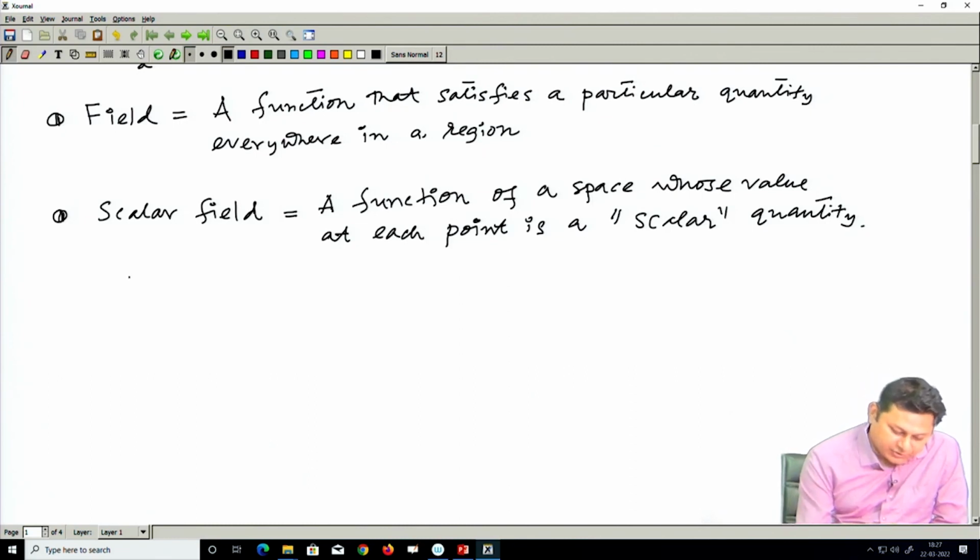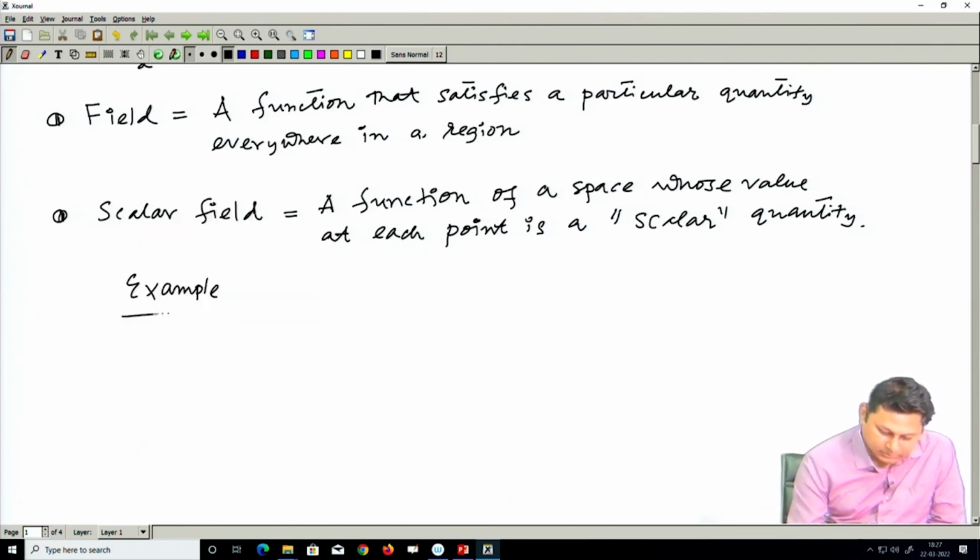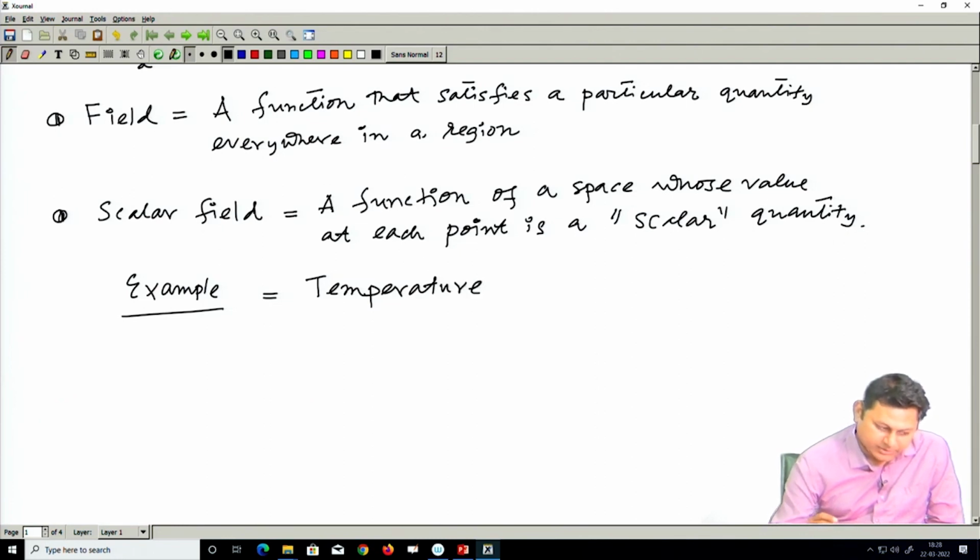The example should be the very famous example, temperature in a space.